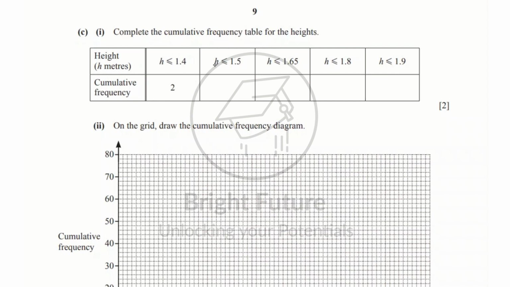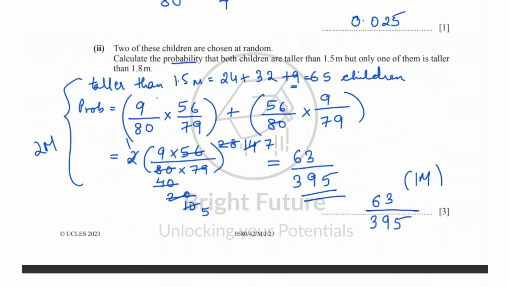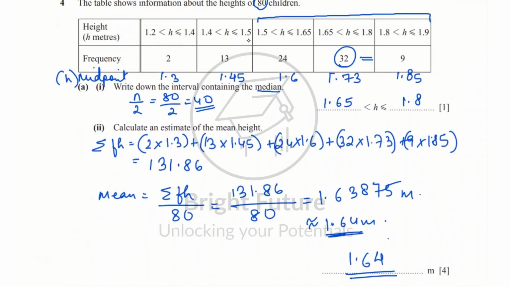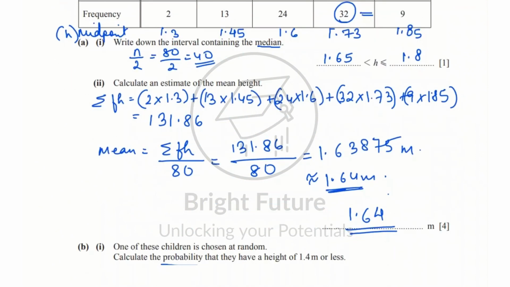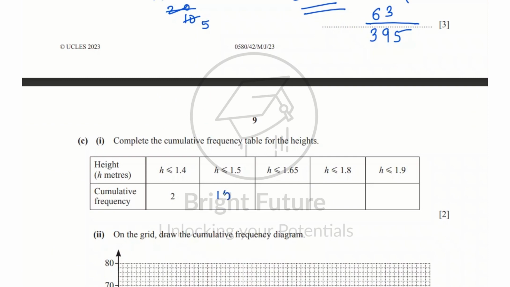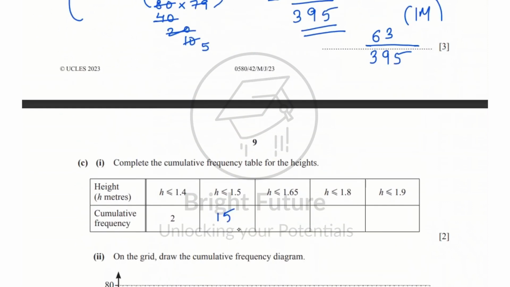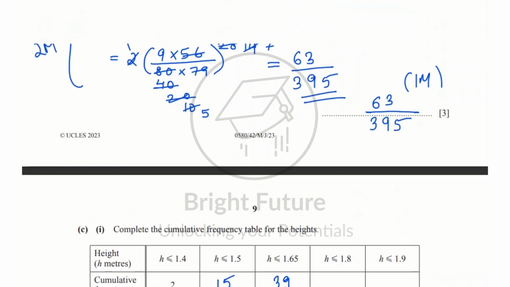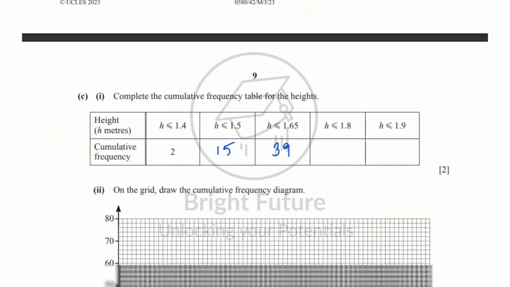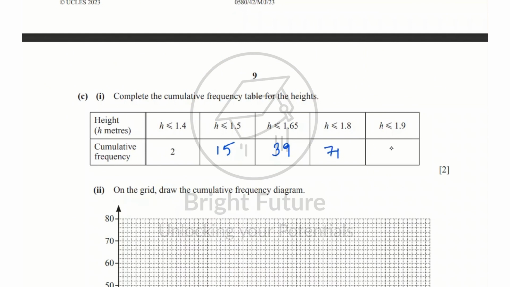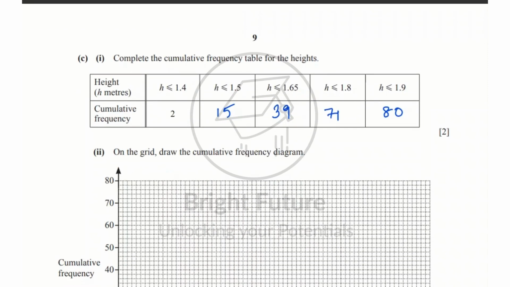So 2 plus 13 is 15. 15 plus 24 is 39. 39 plus 32 is 71, and 71 plus 9 is 80. If 3 answers are correct, you get 1 mark.